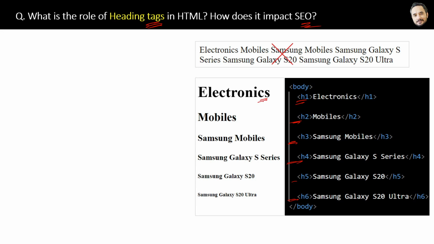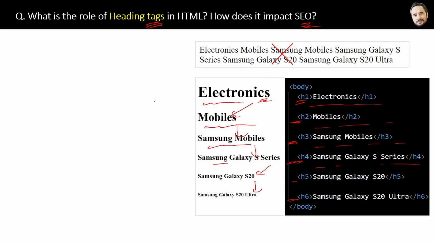Under electronics, we have the subheading mobile, then we have the heading mobile, Samsung mobile, and so on. So below every header, you can also add some paragraph content, like the details about the product. So that's the importance of the heading tags.